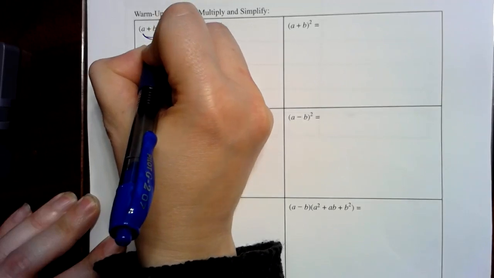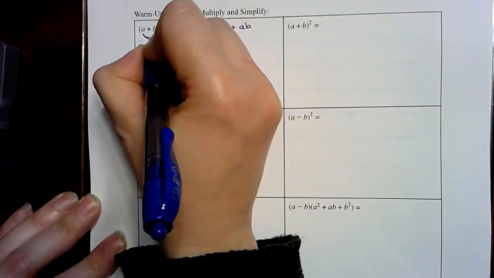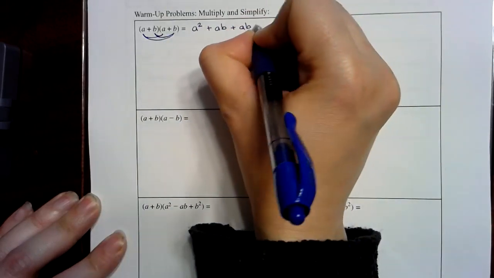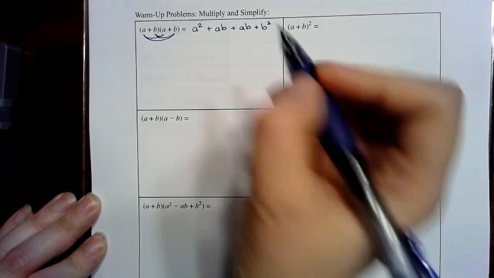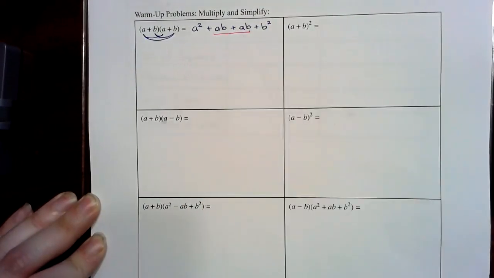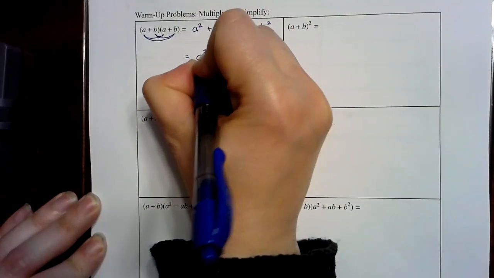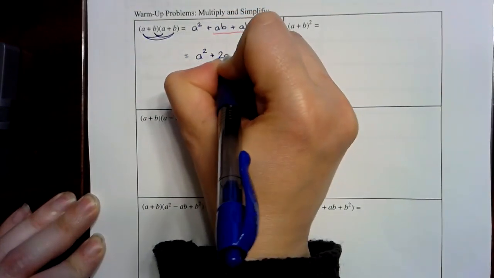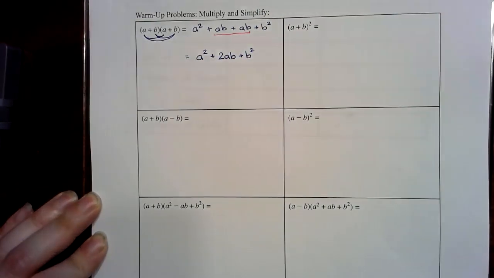If I multiply b times a, I will also get ab. And if I multiply b times b, I will get b squared. So, combining our like terms, we find our final answer is a squared plus 2ab plus b squared.